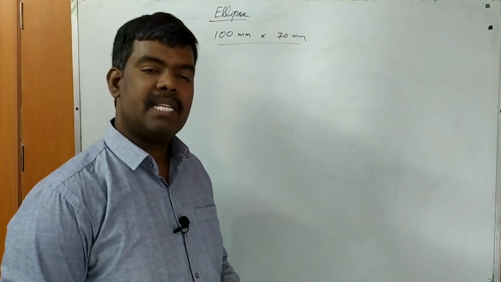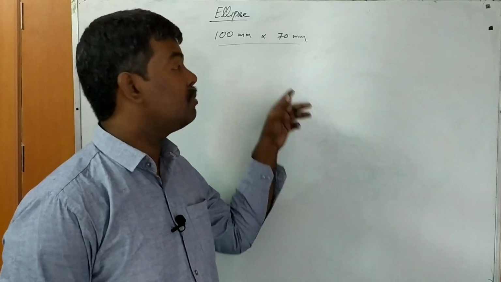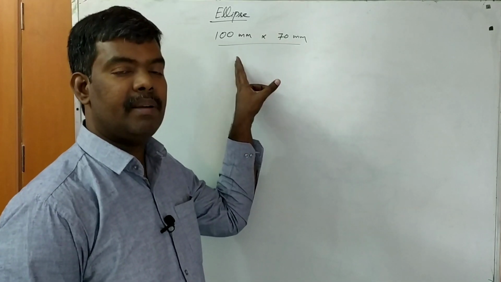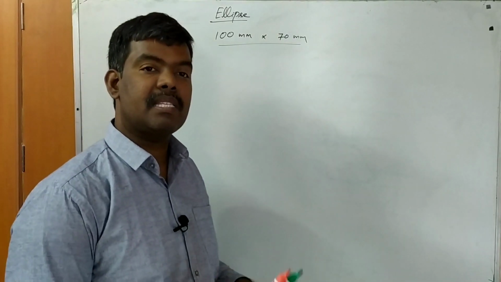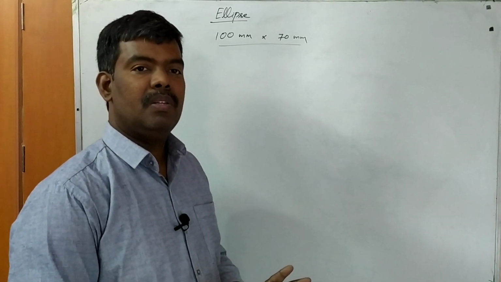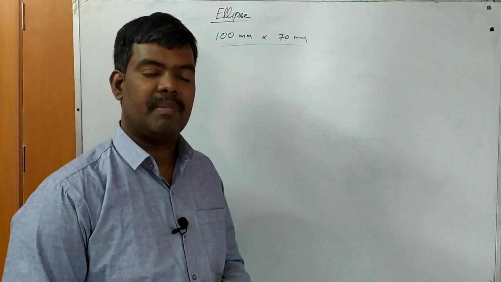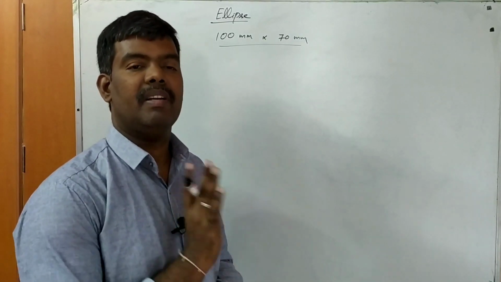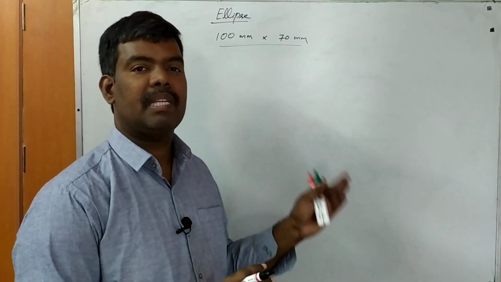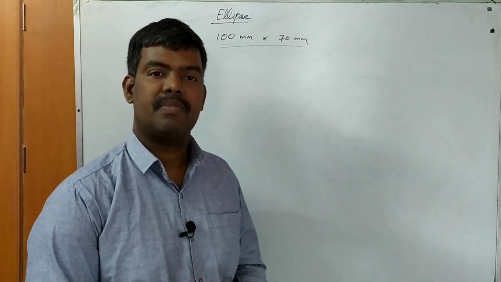Sometimes, if it is given as diameter 100 mm and diameter 70 mm, you go for the concentric circle method also. But if they specifically mention construct an ellipse by using the arcs of circle method, then definitely you draw by that method. Clear? So today's class is the arcs of circle method.